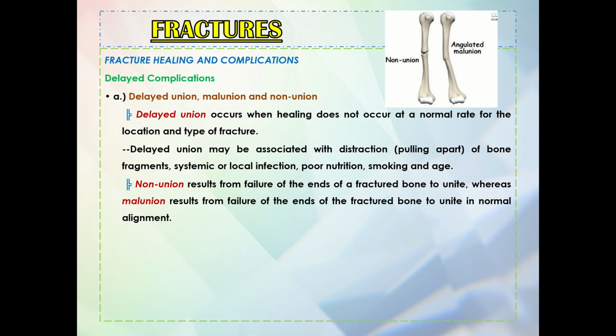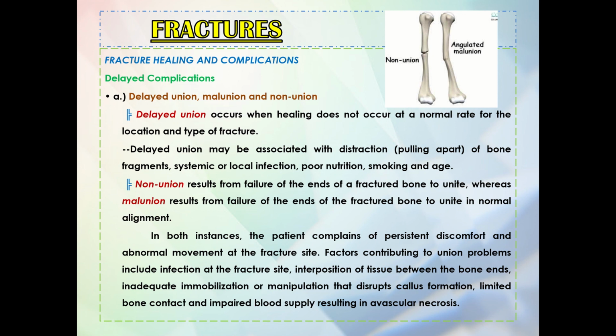Okay, so hindi tama yung alignment ng pag-unite. Kapag non-union, such as in this one, ito yung non-union. So the bones did not unite or did not meet completely. And then ito naman is angulated malunion. Nag-unite siya kaya lang parang may konting angle. Or yun nga, hindi tama yung alignment ng bones.